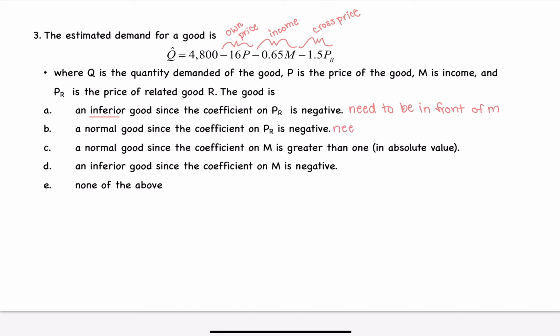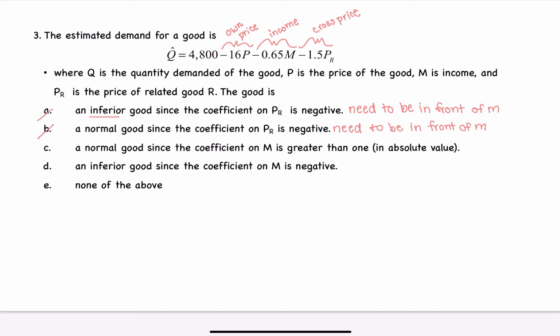It would need to be in front of M in order for you to make an assumption about inferior or normality. So not A, not B.